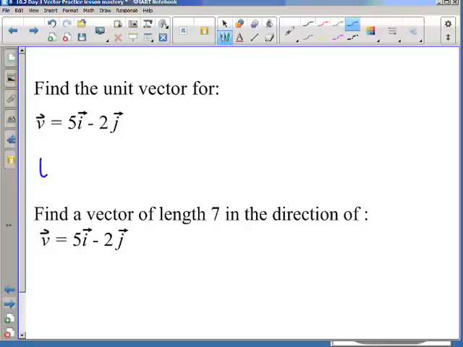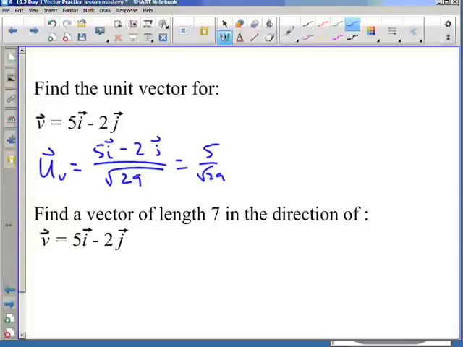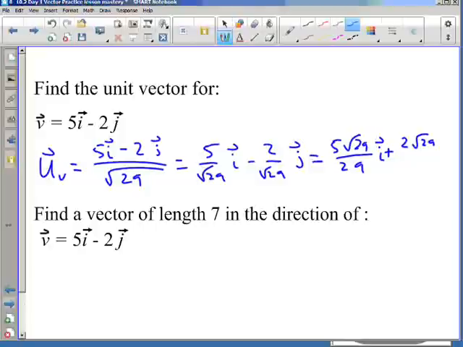All right. Well, unit vector v will be the vector 5i minus 2j divided by its magnitude, which is the square root of 25 plus 4, that's 29. And if I split that up, I get 5 over root 29 i minus 2 over root 29 j, but of course we don't like that form. We got to rationalize. So we get 5 root 29 over 29 i minus 2 root 29 over 29 j.